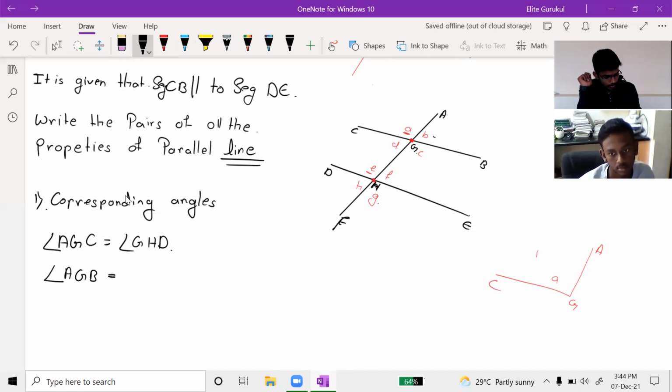AGB will be equal to angle GHE. Yes, sir. You have got all these things.